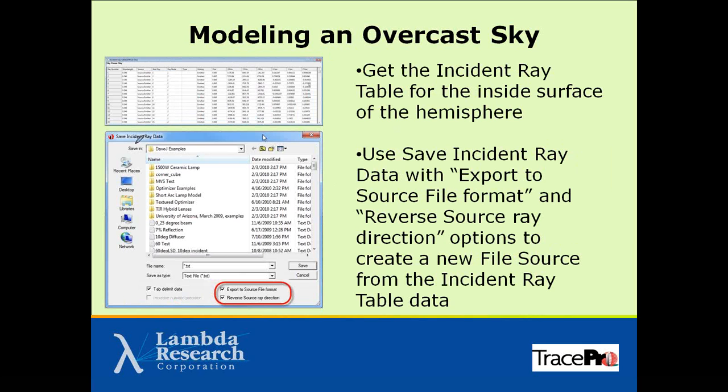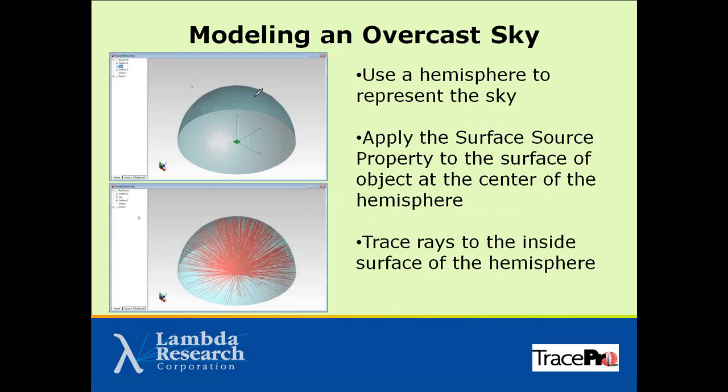And then using that incident ray table, go to File, Save As in TracePro, you can save the incident ray data, and it gives you the option here of export to source file format and reverse source ray direction. So what that will do now is make a ray file that's actually pointing in this direction.